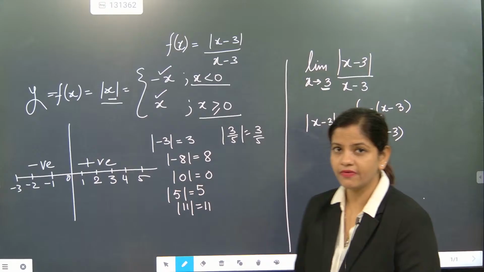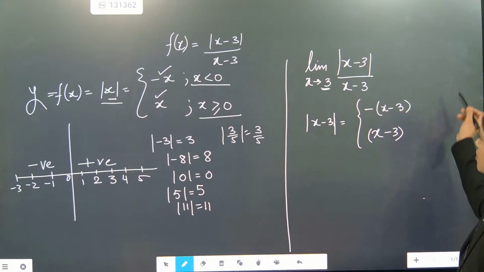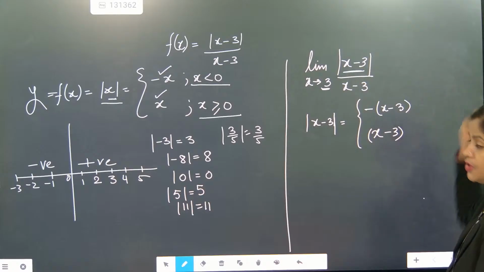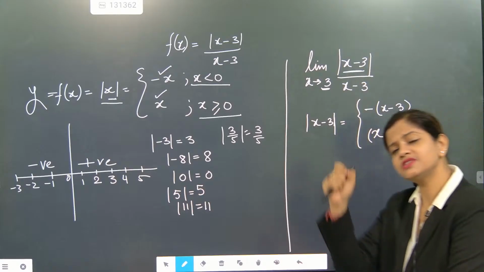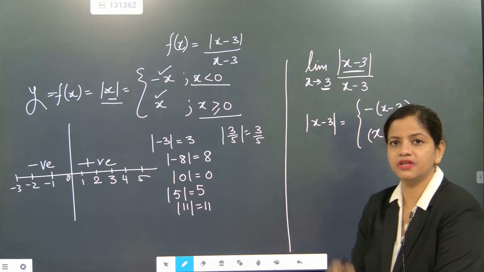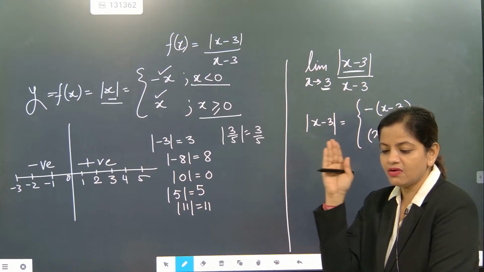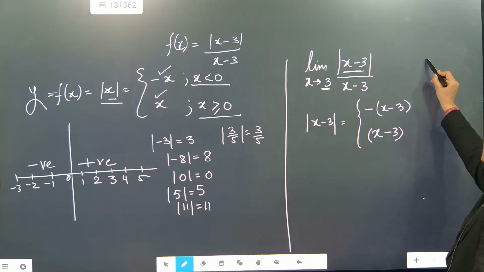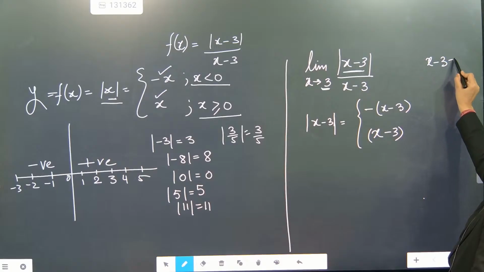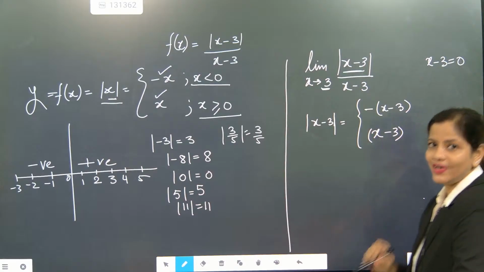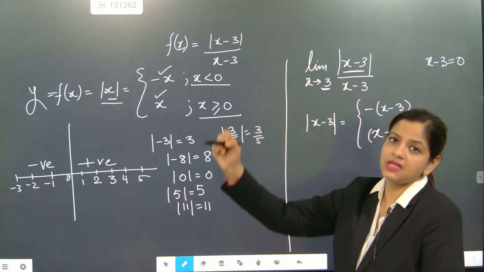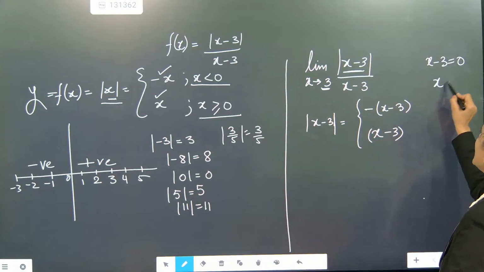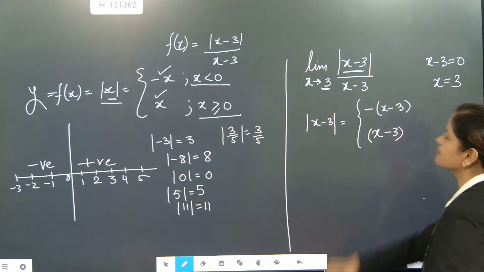One time negative, one time positive, because first you take this one equal to 0. This is a new topic, so a simple point to understand. No need to be in a hurry. We are not having a marathon. Okay. So here x minus 3 equal to 0.